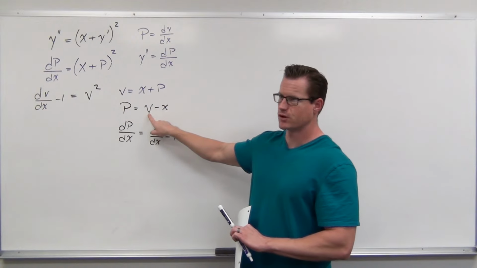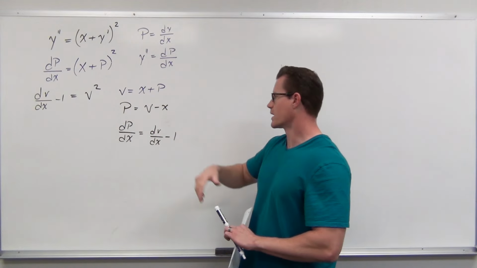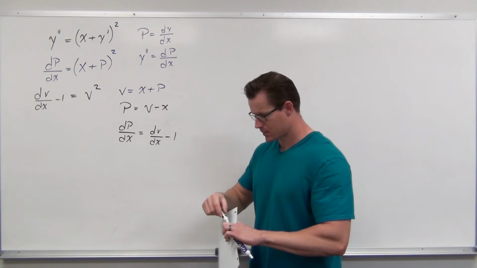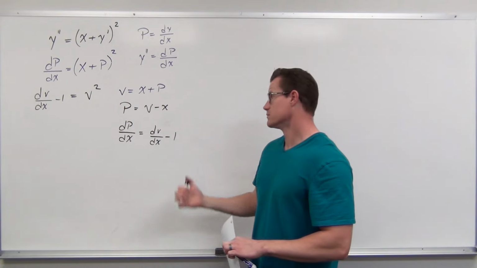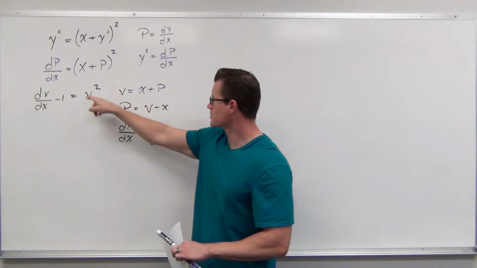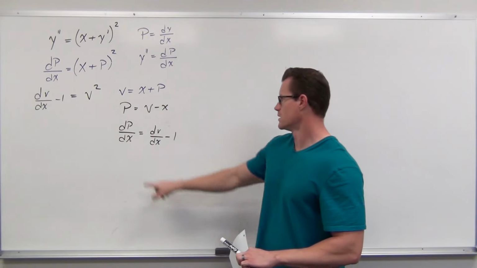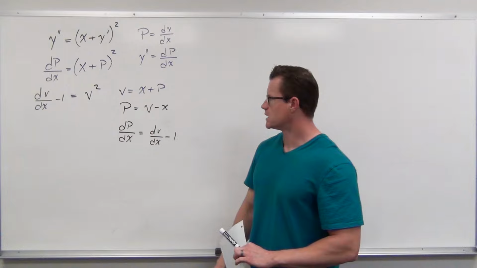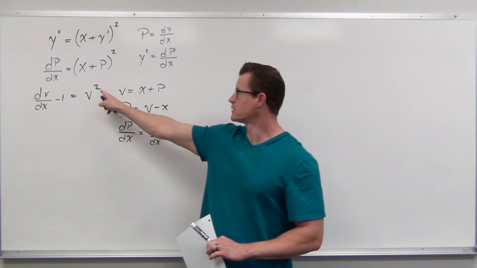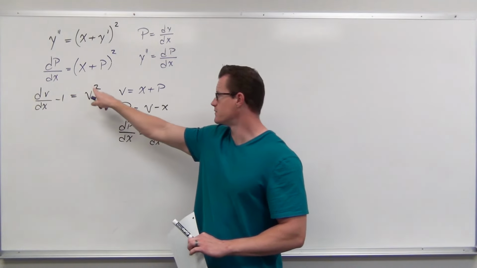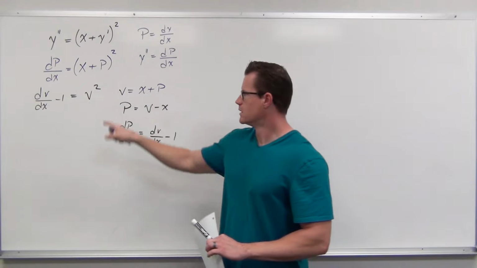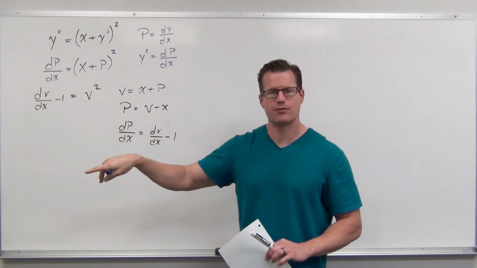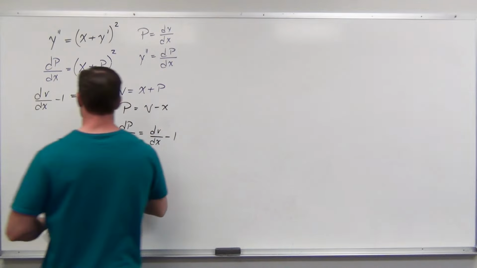That's a function with respect to x. Now do our substitution. So that's v squared. Cool. This is dv dx minus 1. Awesome. What in the world is that? Well, it's not linear. Notice that dv dx, v squared. Not linear. Separable? Yeah. Let's add 1 and then have 1 over v squared plus 1 dv equals dx.